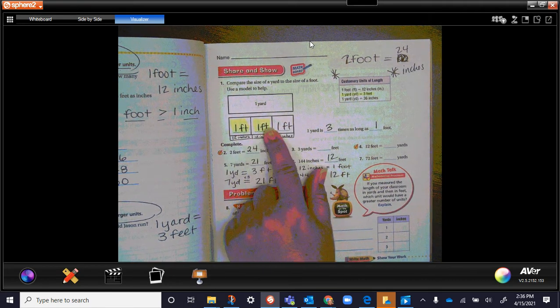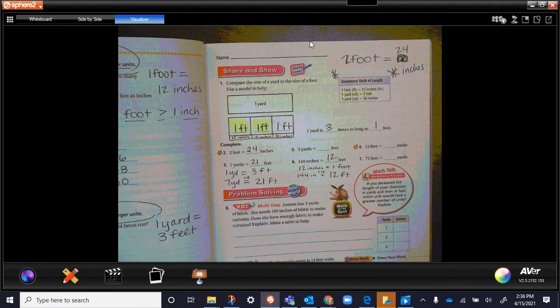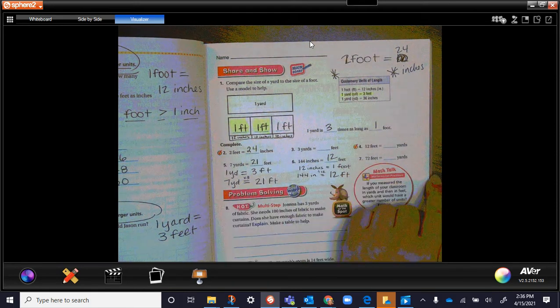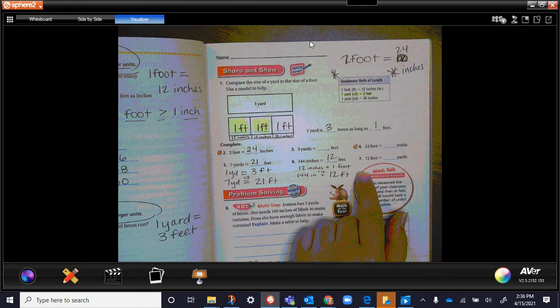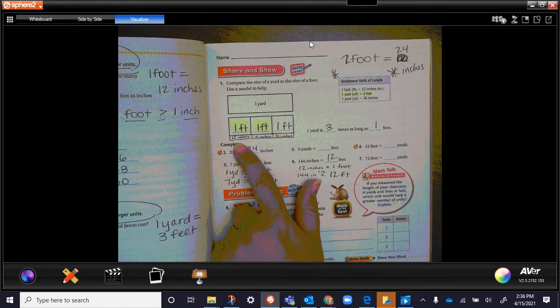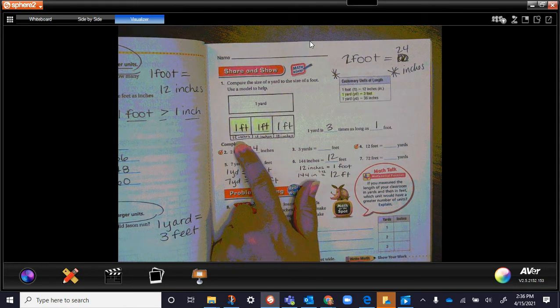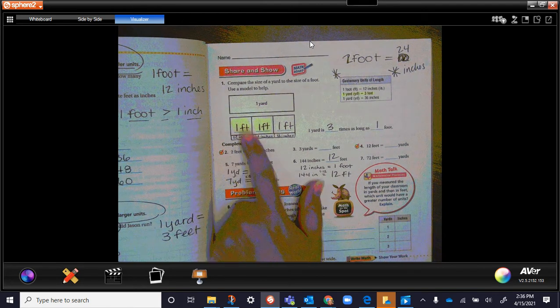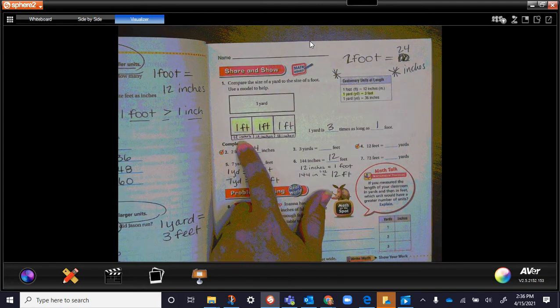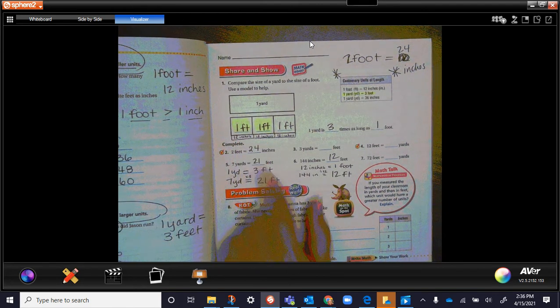Each one of these boxes was the same as having 1 foot. So we know a yard is 3 times as long as 1 foot. We could take it even further and say 12 inches is equal to 1 foot. So if we had 2 feet, that would be 12 and 12, which is 24.